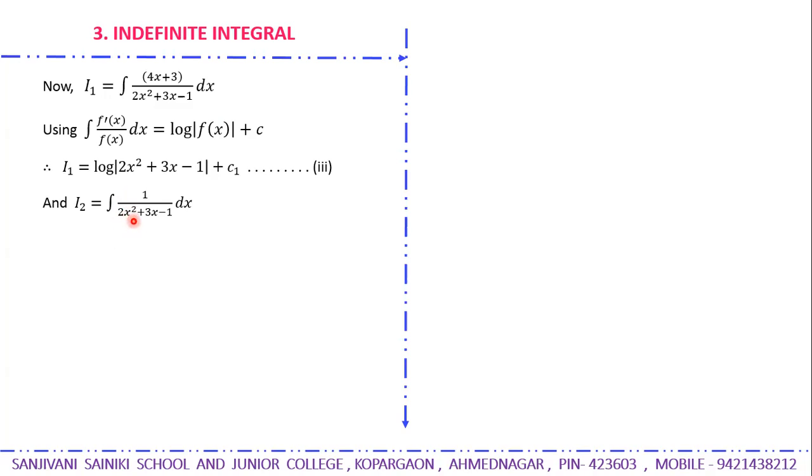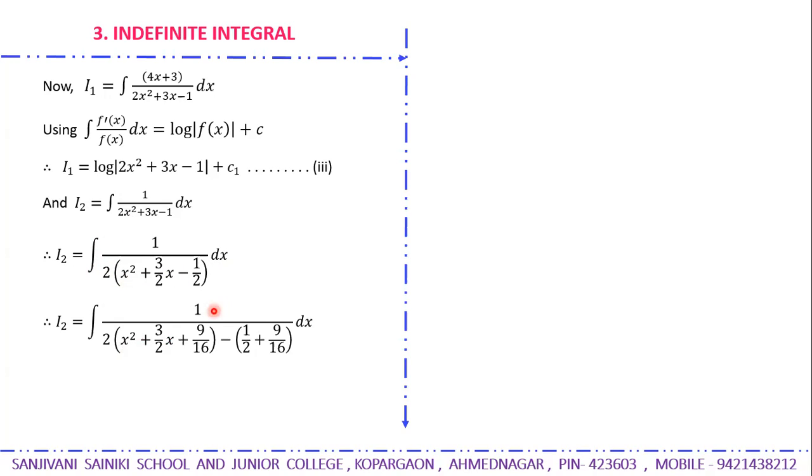Take the second integral. Now here the coefficient of x square is 2, so we have to take it common like this. Then we will take this half. Then the last term is adjusted by 1 by 2 into 3 by 2, bracket square, that is 3 by 4 bracket square, which is 9 by 16. So add 9 by 16, subtract 9 by 16.